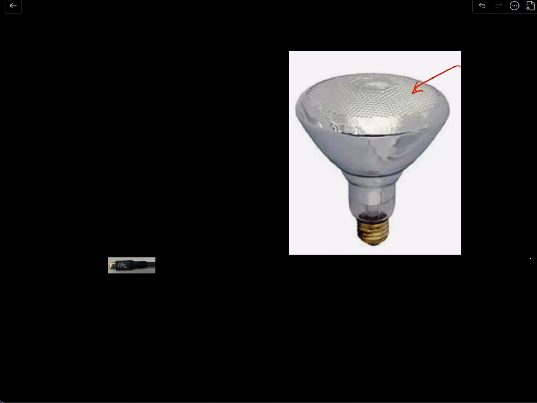Well, these devices generated and dissipated, and more on that later, 150 watts, and compared to 240 watts, that's 60% more.